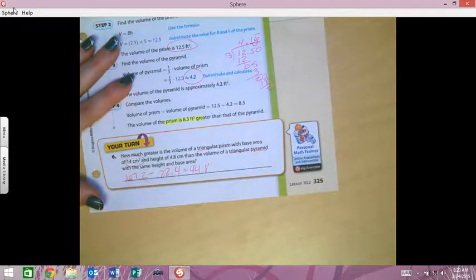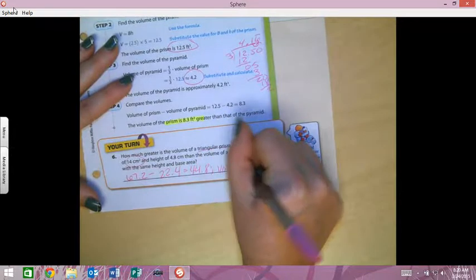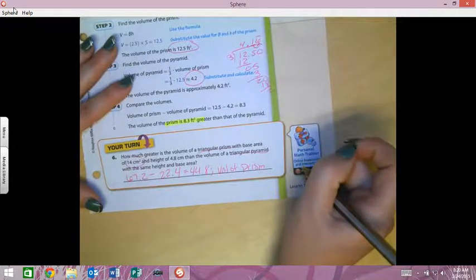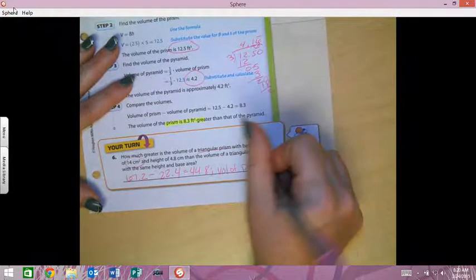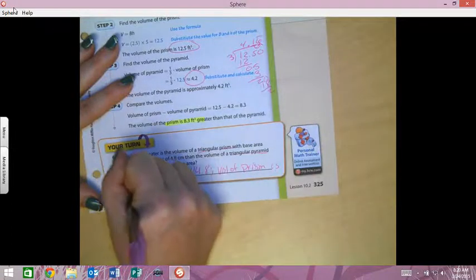The volume of your prism is 44.8 cubic centimeters greater. So, volume of prism, make sure you have the right word, not like me saying the wrong thing. Volume of prism is 44.8 cubic centimeters greater.